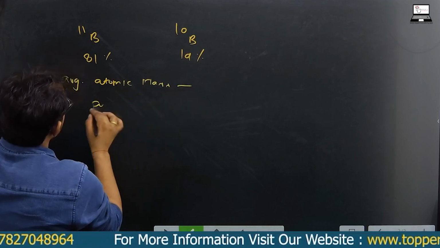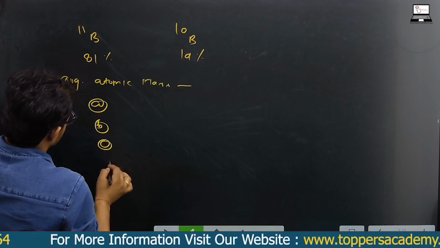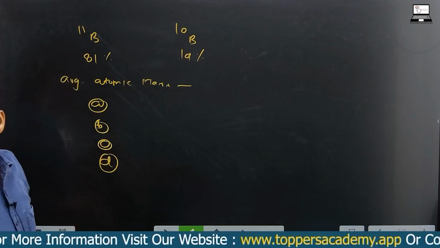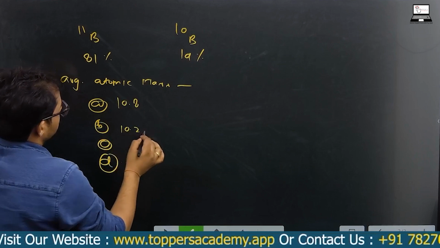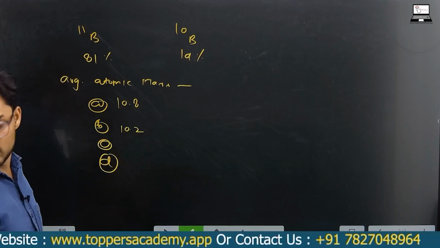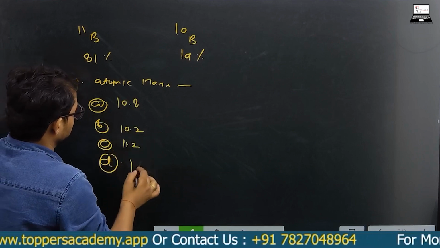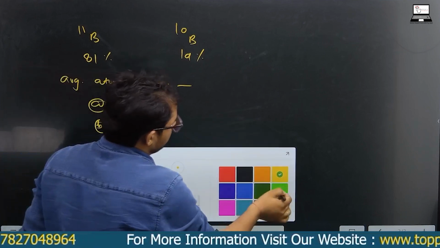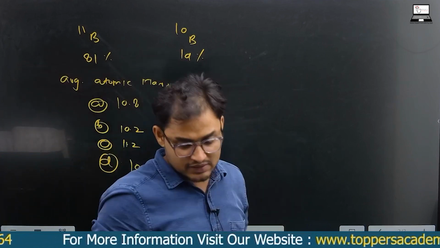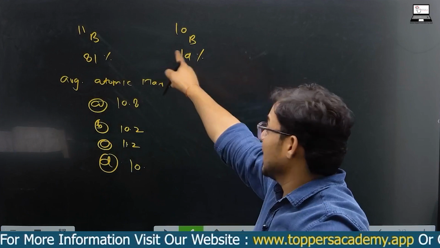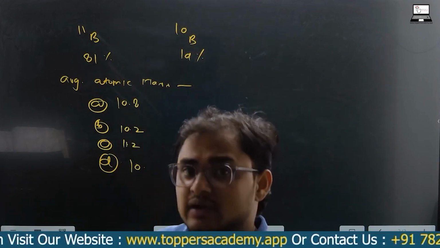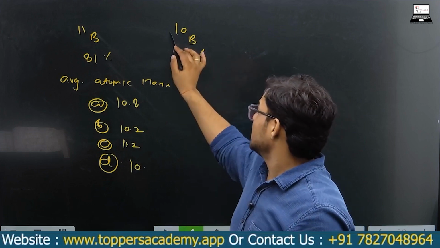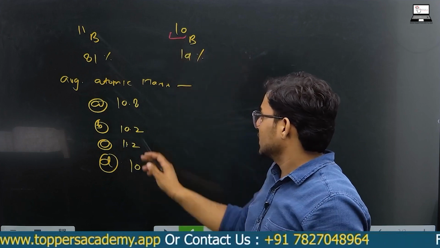Now the options given in that question were 10.8, 10.2, 11.2 and 10. As I have told you, my dear students, the answer will be between 10 and 11. It cannot be less than 10, it cannot be higher than 11. Is there any option less than 10?